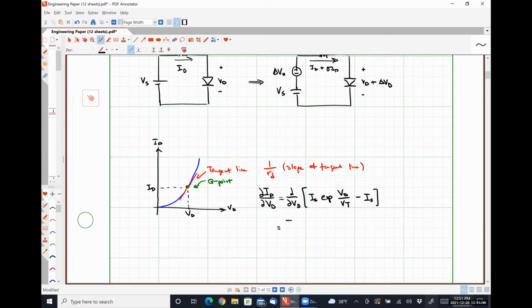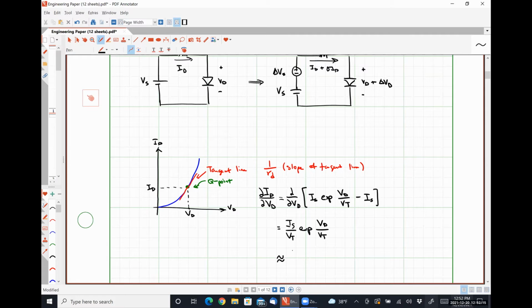So we're going to have IS over VT times EXP of VD over VT. IS EXP of VD over VT is very, very close to ID, because we just need to subtract that very, very small reverse saturation current from it.